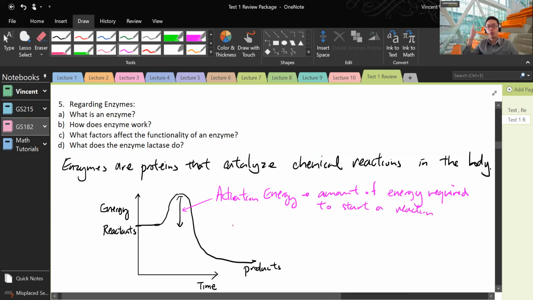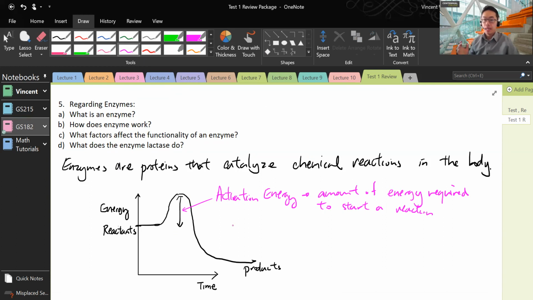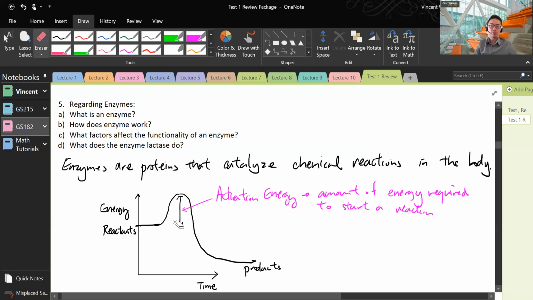To relate this with what we learned in the metabolism unit, in glycolysis, in order for the glucose to split into the two pyruvates, you must supply two ATPs to prime the molecule, to make it unstable, to make it willing to react. So that's the activation energy.